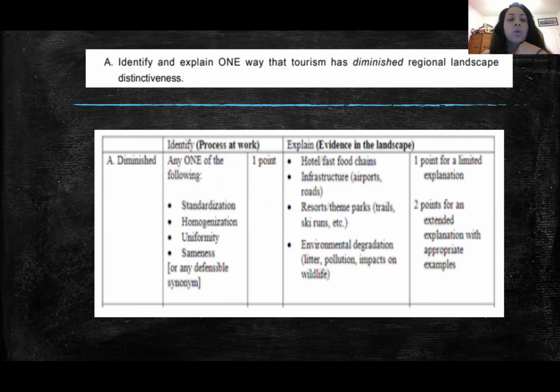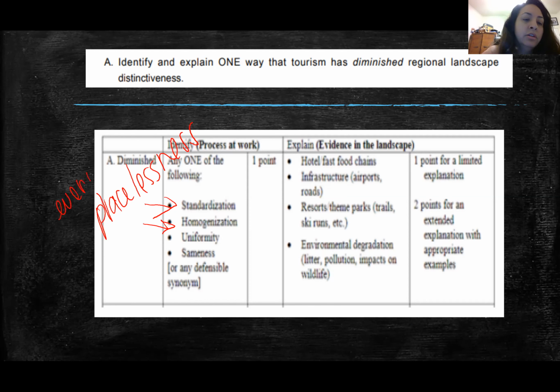All right. So if you identified any of the following things, so if you identified that there was a standardization or a homogenization, again, these two things go with placelessness. They go with the idea that everything is the same. Everything the same.